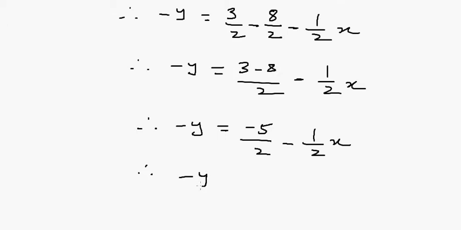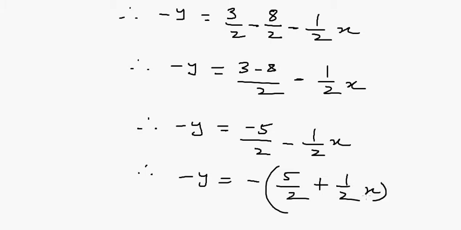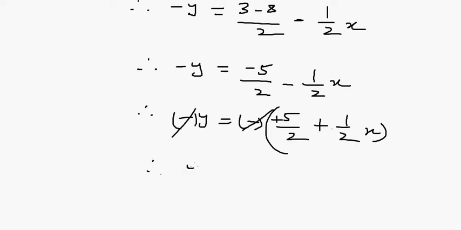I just take minus common from this side as well, so it's minus 5 by 2 plus half x. If I take minus from here, it's just going to be positive. So positive over here, and minus outside. And these two minuses get cancelled. So you're left with y is equal to 5 by 2 plus half x.